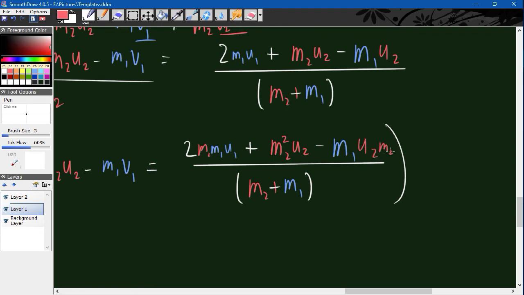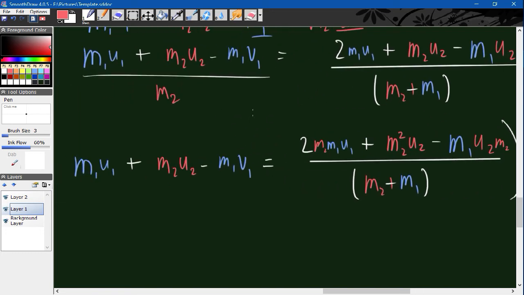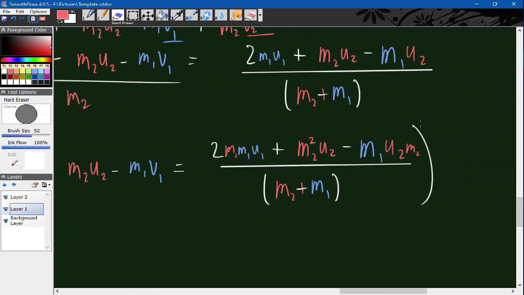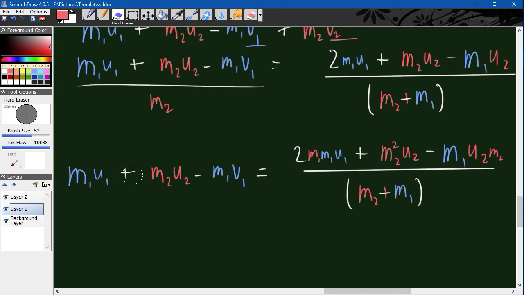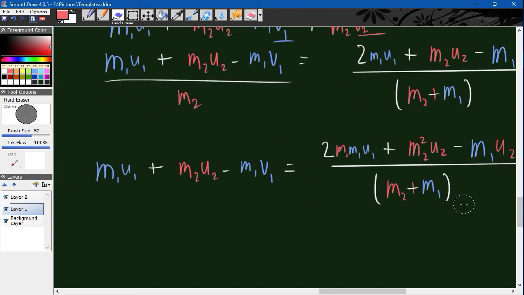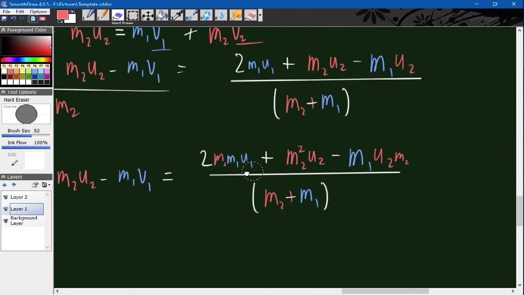And then stick this term right here. Right, just distributed the m2 term. Then we could send this to the other side. No, wait, we multiply. No, just kidding.